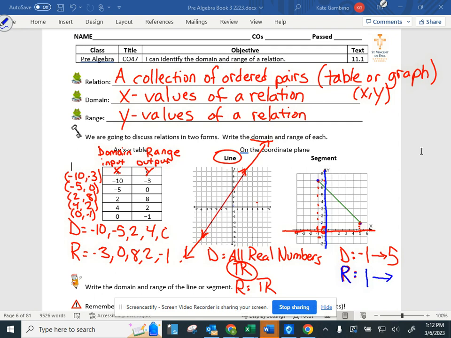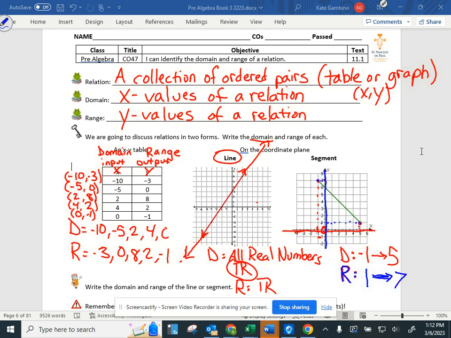It doesn't matter which point is on the left and which point is on the right. You always want to start with your smallest number and you go to your biggest number. That's why the arrow is always going to go to the right. So 1 is our smallest number. What is our biggest number going to be? Tatum? 7.